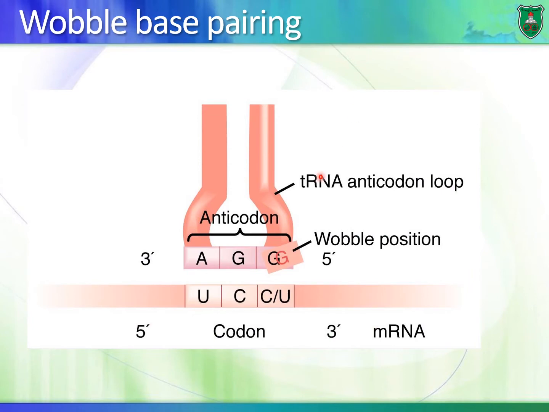The reason behind the wobble base pairing is that there is an angle between the anticodon and the codon right here. So the interaction here is weak, providing flexibility of pairing between the two nucleotides.